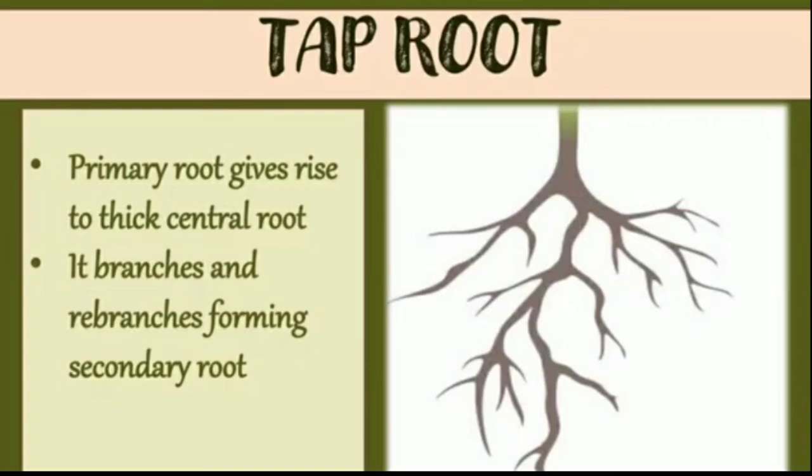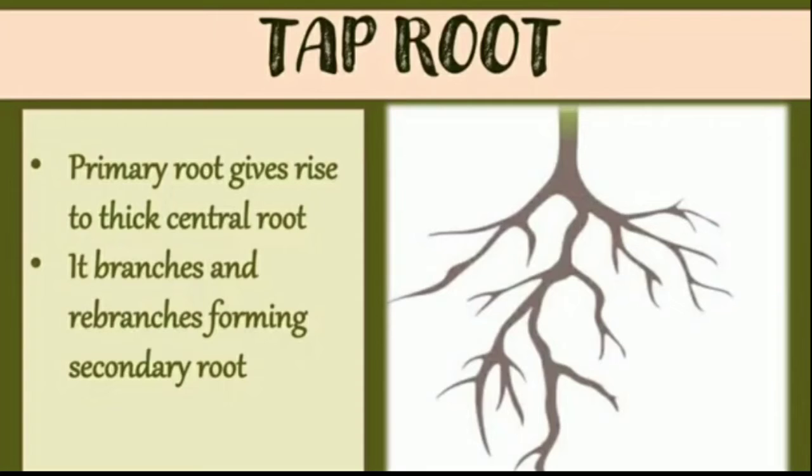It branches and rebranches, forming secondary roots. So children, roots of some plants produce secondary roots that grow obliquely and spread far and wide in the soil.